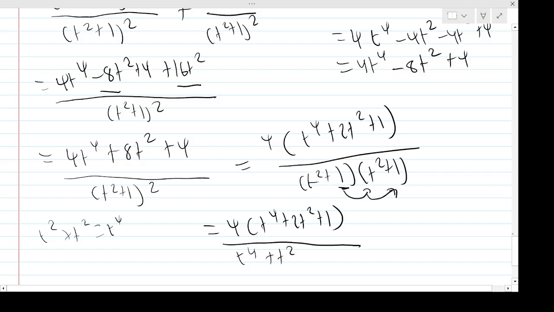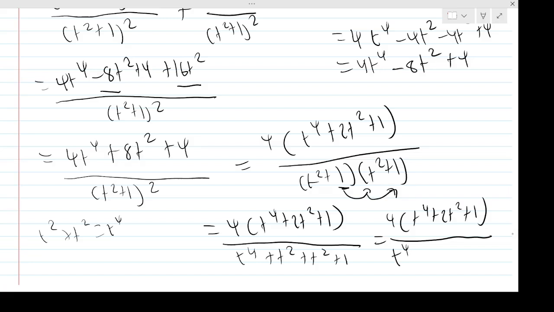So 1 times t squared is just t squared. And then I have 1 times 1, which is 1. That simplifies to 4, t to the 4, 2t squared, add 1. And then we can collect like terms. Again, we only have t to the 4, but then we have t squared and another t squared. That's 2t squared. Add 1.